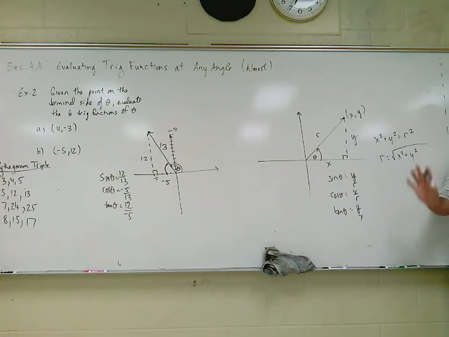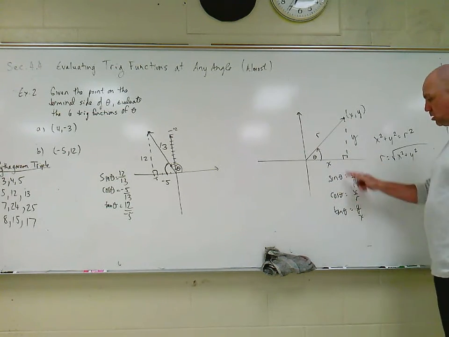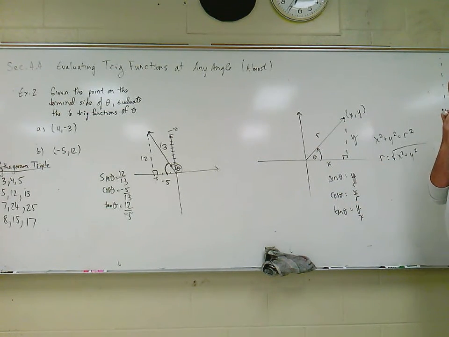No matter what quadrant I draw the angle in, is sine always y over r, cosine always x over r, and tangent always y over x? Because is x always the adjacent? Yeah. Is y always the opposite? So it doesn't matter. No matter where you draw this triangle, these are always your ratios.